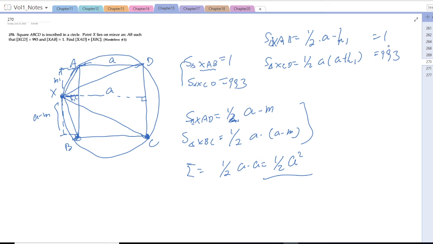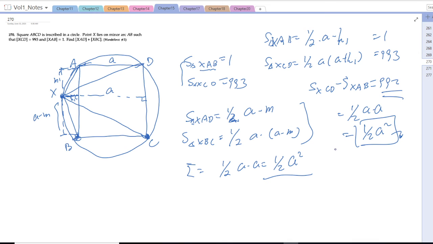So now you can see in order to solve for A, right? We want to cancel the H1, right? So XCD minus the triangle XAB is 992, which is equal to half of the A times A, which is half of the A square. So we solve the half of A square is 992. So this part is 992. So this is the answer.